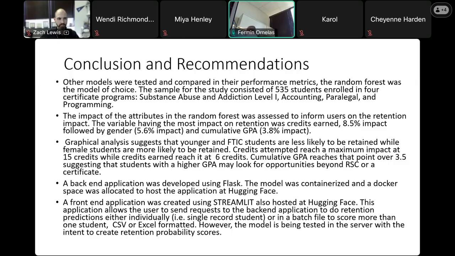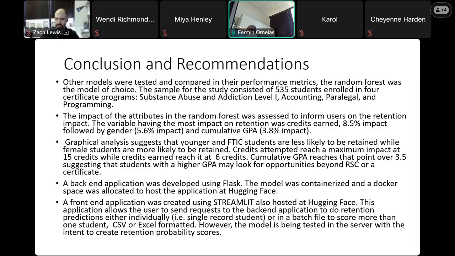For the graphical analysis, we said that younger students, less than 35 years old, and first-time in college students have a higher likelihood of not being retained. Right? Well, if the student is female, she has a higher probability of being retained.